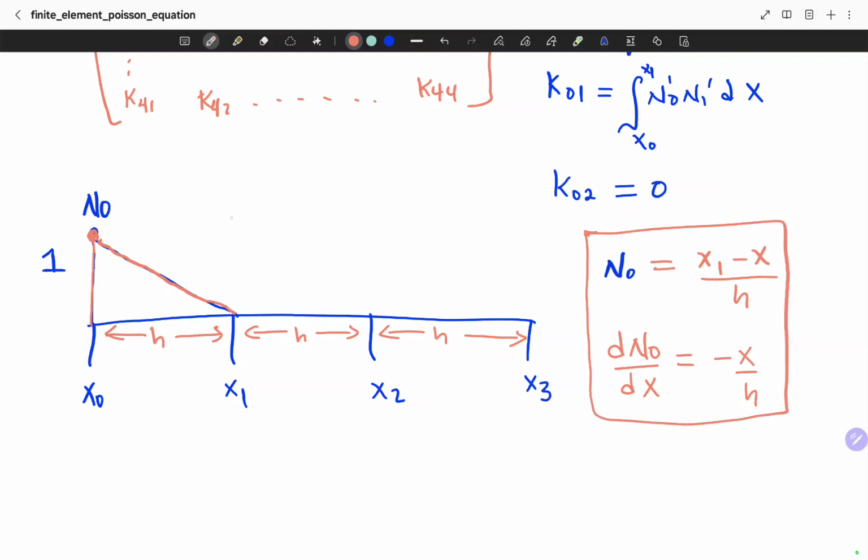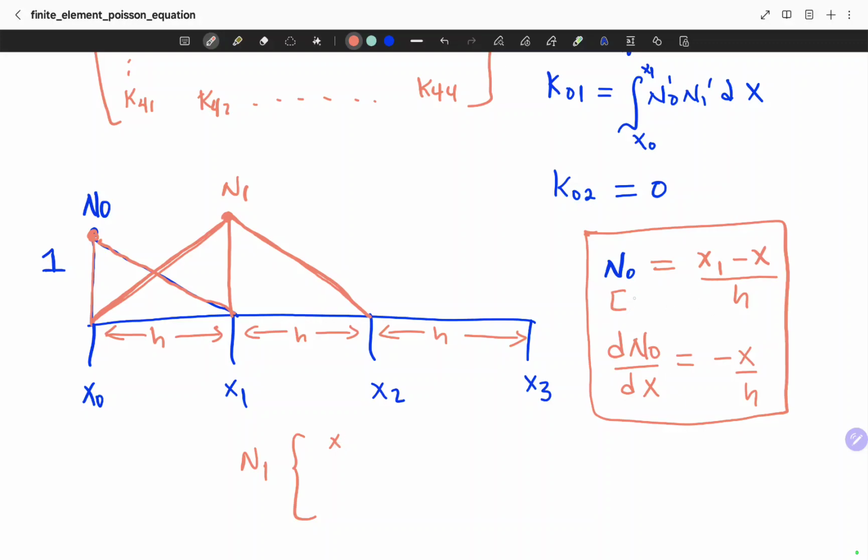Now we move to n1. This is n1. There is a line connecting n1 to n0, this line, and there is a line connecting n1 to n2. So n1 has this line. Because it's going up, you can say x minus x0 over h. I forgot to give the limits here.